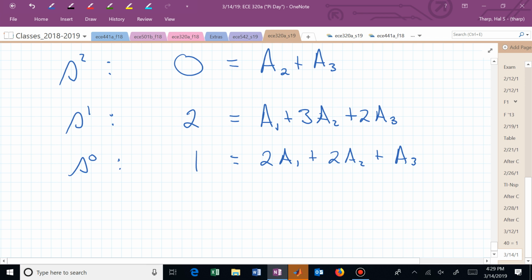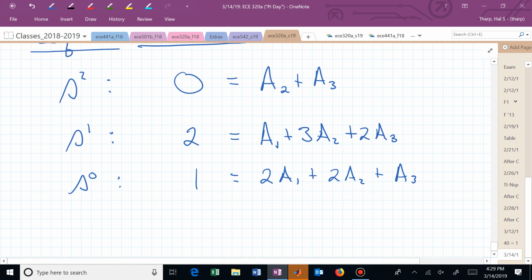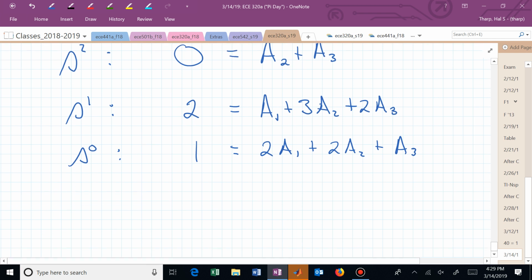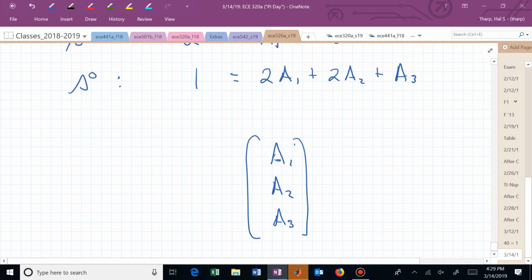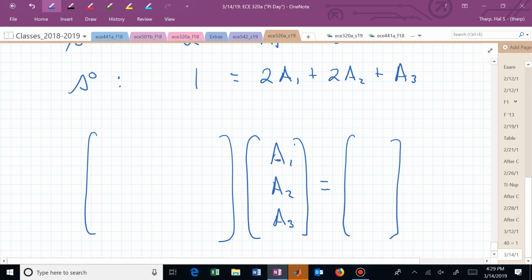All right, how do we put this into a matrix? The first column A1, the second column A2. This is how I'm going to do it. So if I did this and I now said, what's my matrix here? That's equal to this. Right?